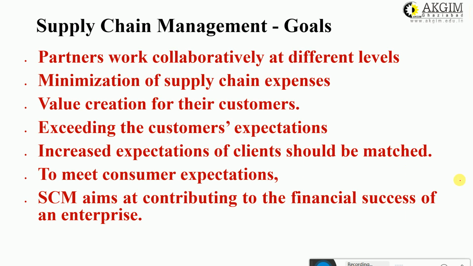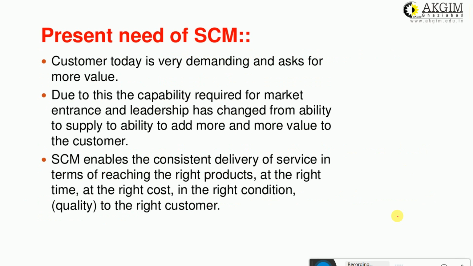So moving further, the customer today is very demanding and asks for a value chain. Why is there a need to understand effective supply chain management? Because it's a need of the hour, and because of the demanding nature of customers looking for more value, the capability required for market entrance for firms and the leadership has changed from the ability to supply to the ability to add more and more value to the customer.